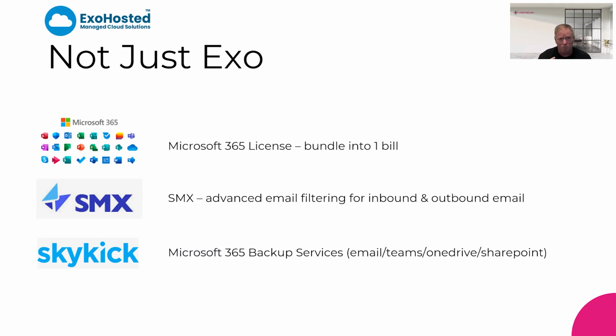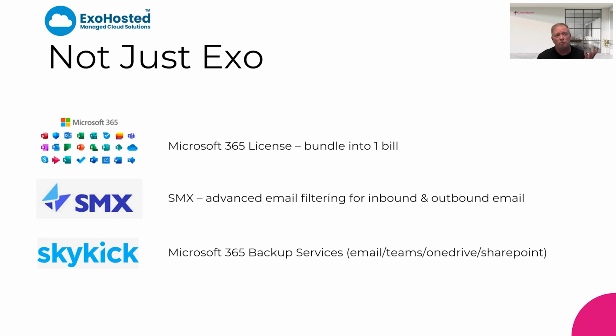And then finally, we've also got a service from a company called Skykick to provide Office 365, or now Microsoft 365, backup services to cover things like email, Teams, OneDrive, and SharePoint. It's not heavily known, or it's just assumed that Office 365 or Microsoft 365 is backed up. Your files aren't actually backed up.